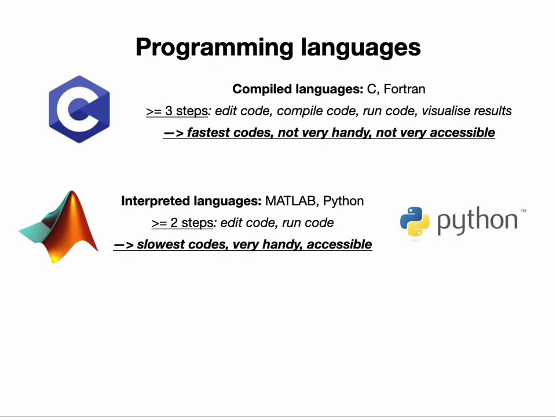Another type of language is called an interpreted language. Examples of interpreted languages are MATLAB or Python. It's quite different in the way the usage of it is simplified, because you basically only have two steps.